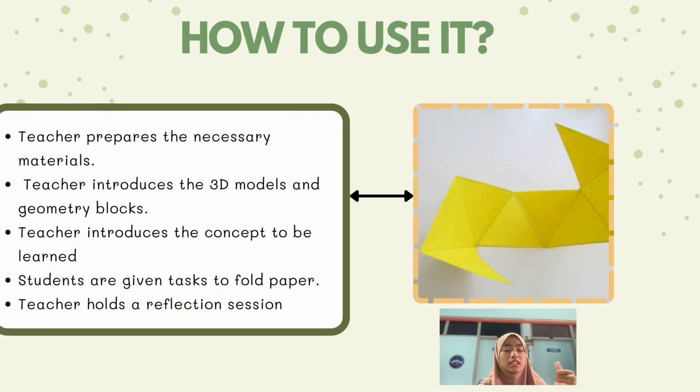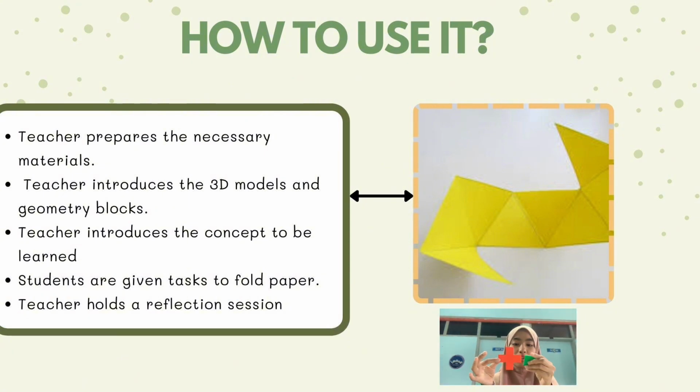Okay, so the next slide is how to use the hands-on activity method. First, the teacher must make preparations. The teacher needs to have the necessary materials such as paper, scissors, and glue. The teacher introduces the concept to be learned, such as how 2D shapes can be combined to form 3D shapes. Students are given a task to fold paper to create nets like this.